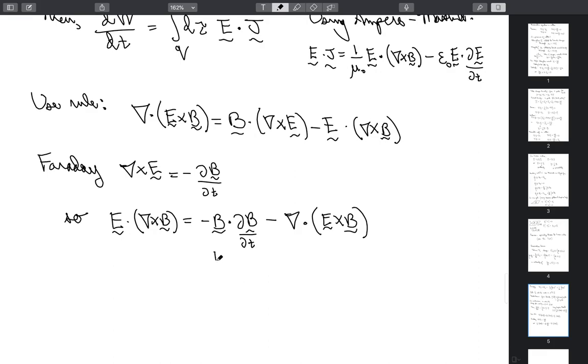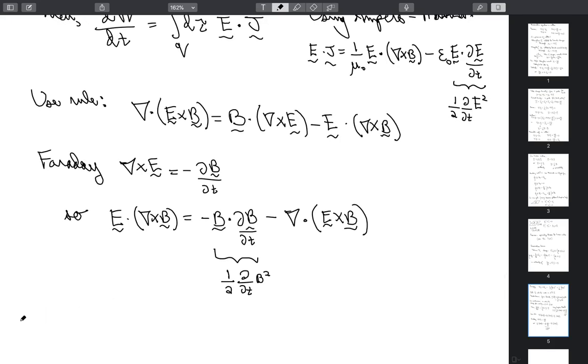The B dotted into dB dt is just 1/2 times the time derivative of B squared. And the same thing holds for E here. This is just 1/2 d dt of E squared.